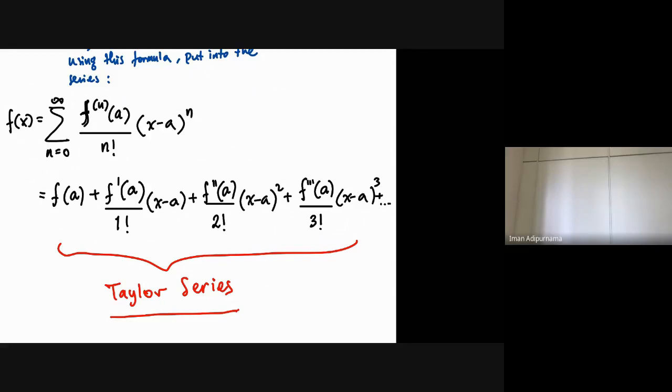Maybe sine x or cosine x, you can put them here. So the point, or what you will do is, you have a function, you differentiate the function maybe 3 or 4 times, check the coefficients, put them back into the series, and that becomes your Taylor series.